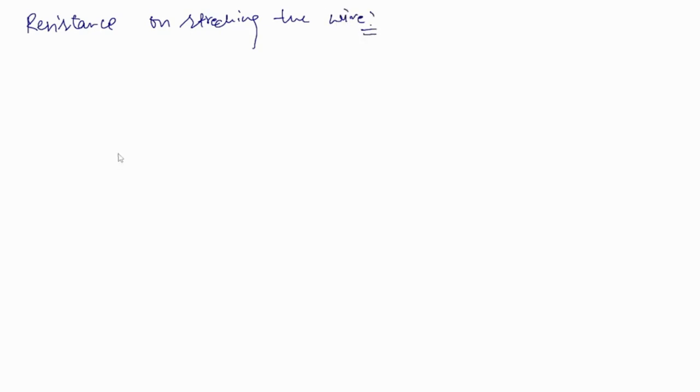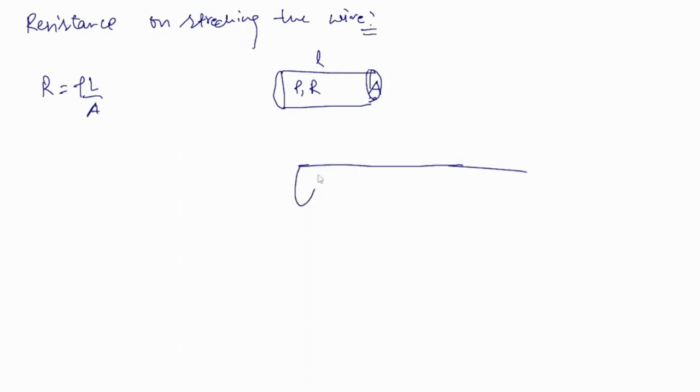Let's say this is a wire, before stretching, having uniform cross-sectional area A, rho is resistivity, R is resistance, L is length. Before stretching, R will be rho L by A. Let's say it is being stretched to n times.